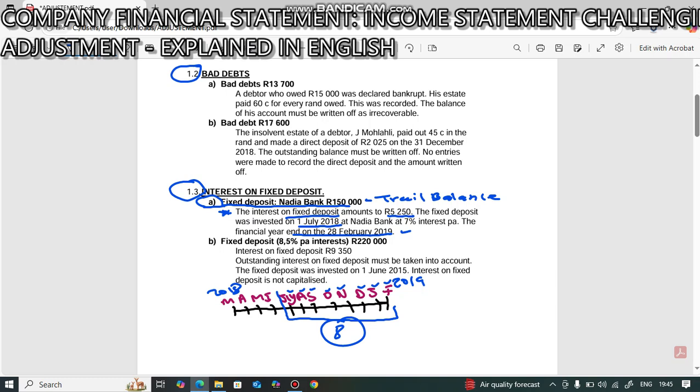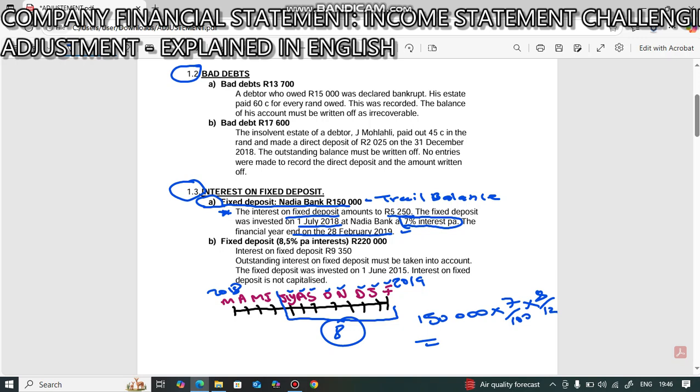So what we are going to do, we are going to take the total or the balance of the fixed deposit, 150,000, and then we are going to use the percentage, the rate, the interest per annum. We're going to say times 7 over 100, and then times the months. How many months do we have? We have 8 months divided by 12. We are going to use this calculation to calculate the correct interest that was supposed to appear in our income statement.